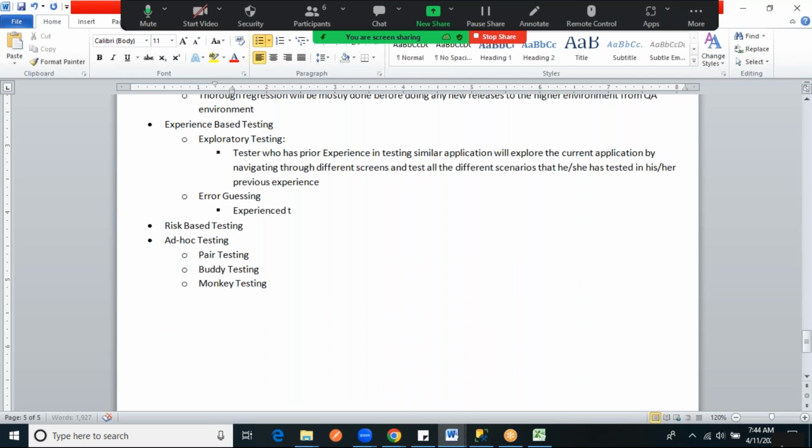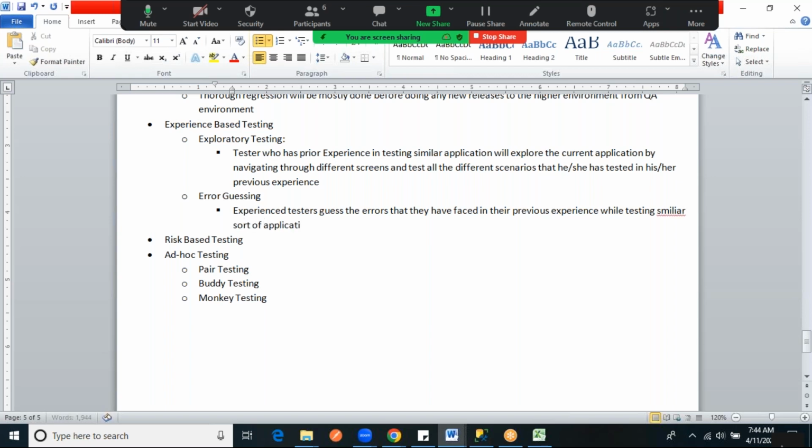Experienced testers guess the errors in the application, the errors that they have faced in their previous experience while testing a similar sort of application, and test those cases in the current application. This is called error guessing.